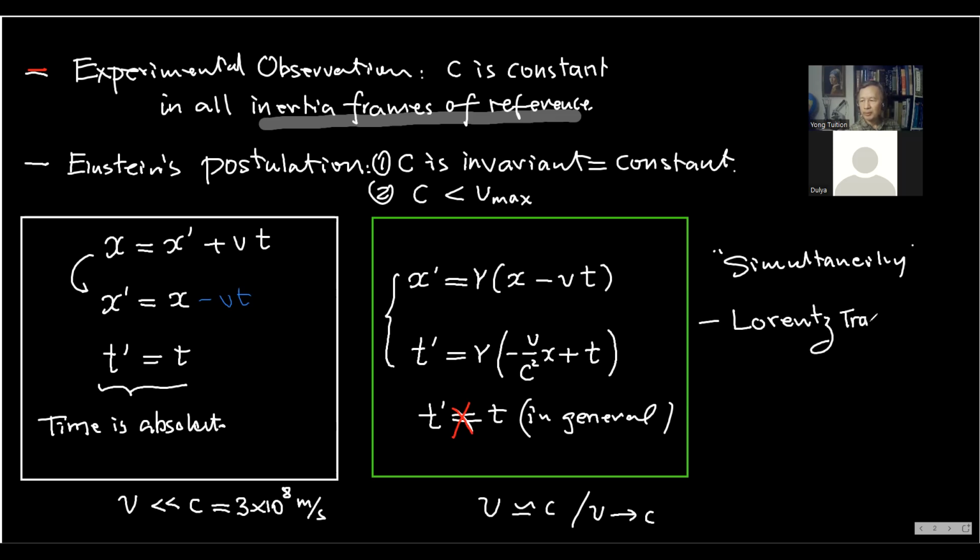What is the Lorentz transformation? Actually, I just made a video on the Lorentz transformation. If you're interested, you can watch it in the future. Up to you, right? The Lorentz transformation provides the formula. So this is the Lorentz transformation. Can you see? This formula is called the Lorentz transformation.